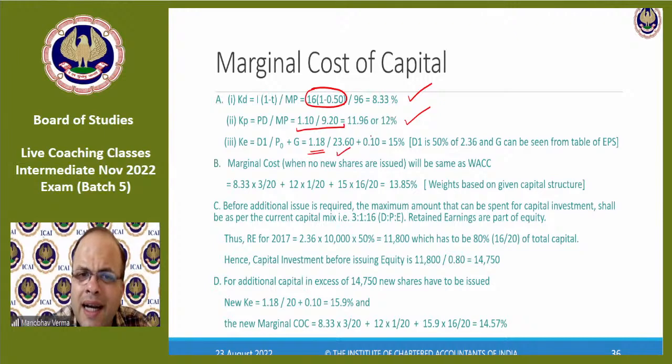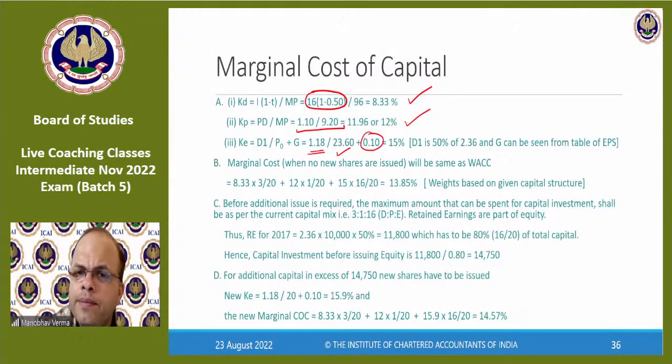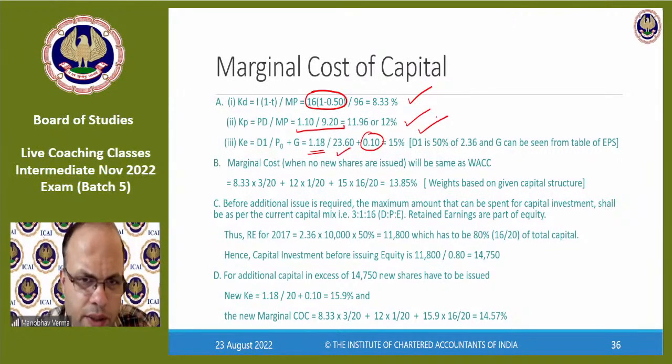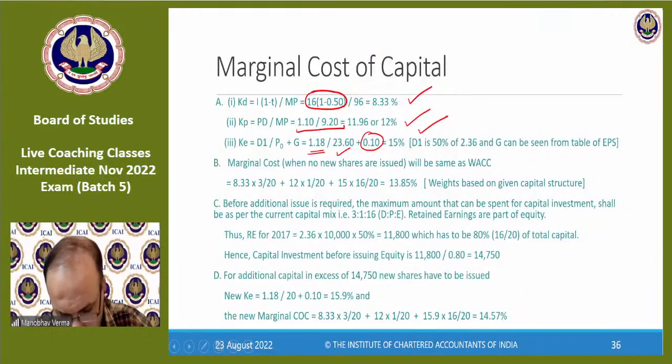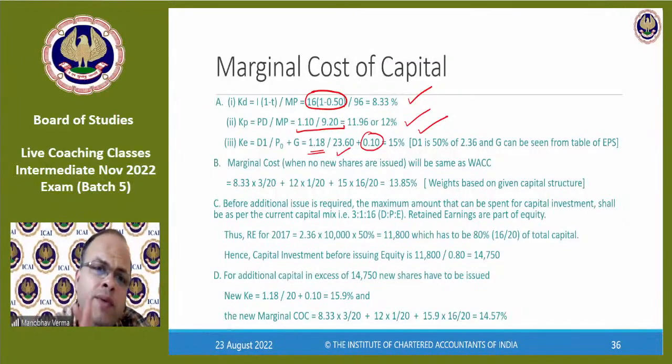23.6 is given to us and 10% is what we calculated. So that means we are talking about cost of equity as 15%. Am I correct, guys? Yes or no? So Dhanshu, if they were expecting you to calculate YTM using irredeemable debentures, they would have given it to you.